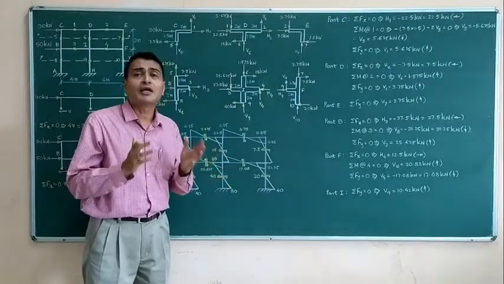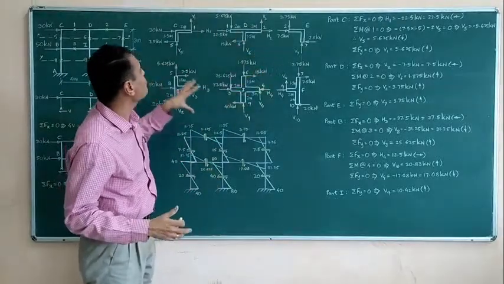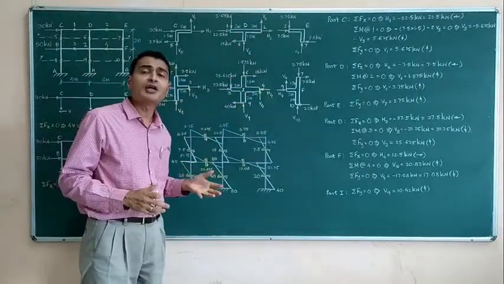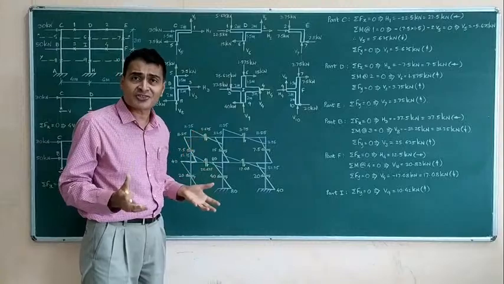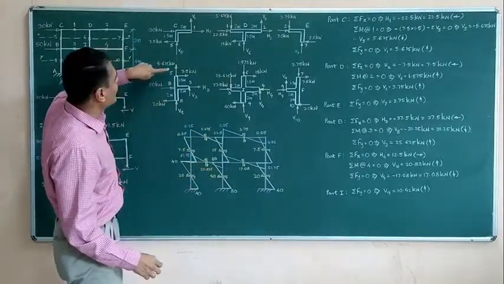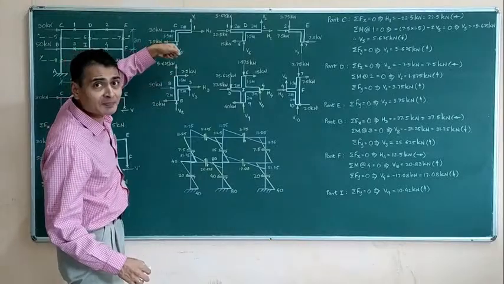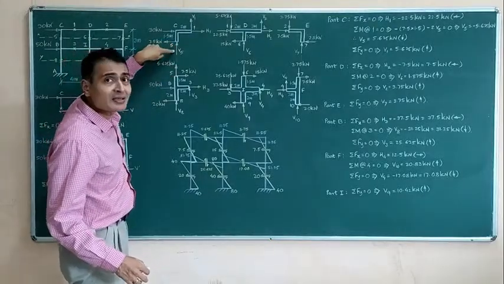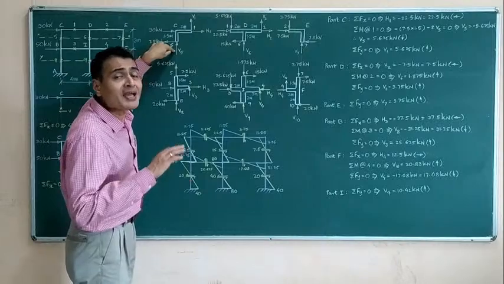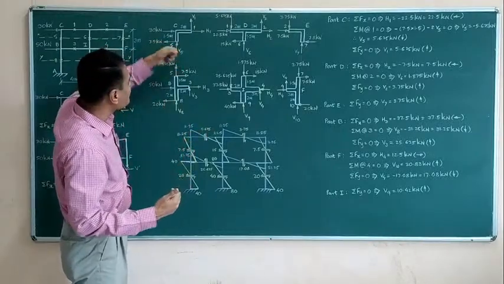And finally, coming to the axial force, looking at the FBDs, we are in a position to decide whether the axial force is tensile or compressive. For example, if you look at this force, this is 5.625 pulling. This assumption was wrong. We had assumed it upwards, but actually it should have been downwards. So this is the pulling force.